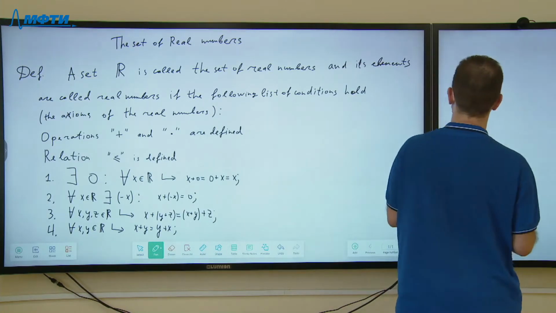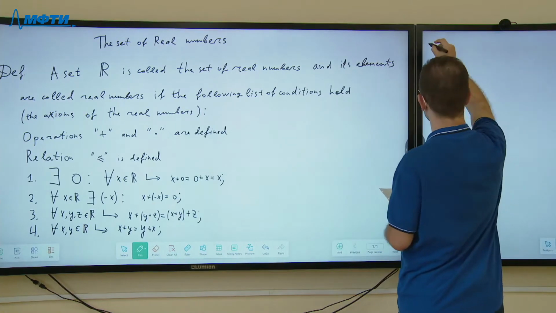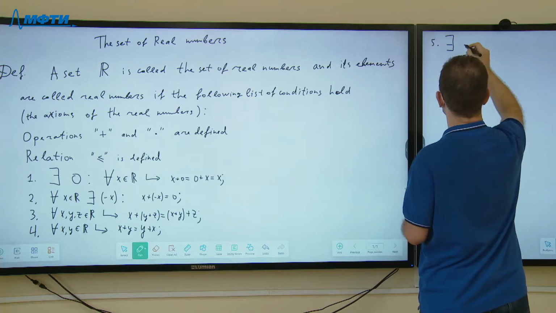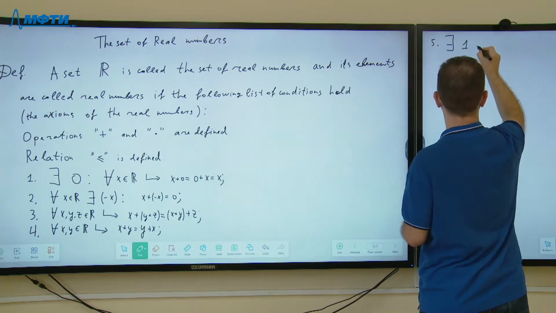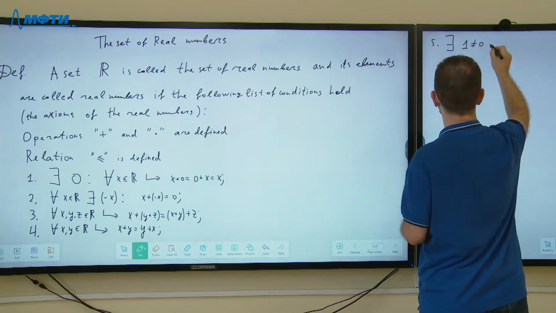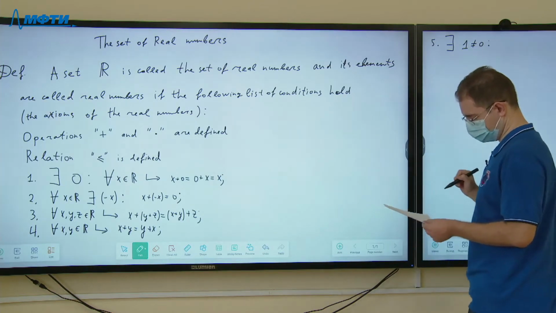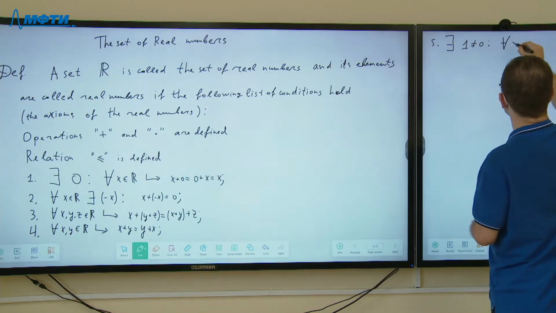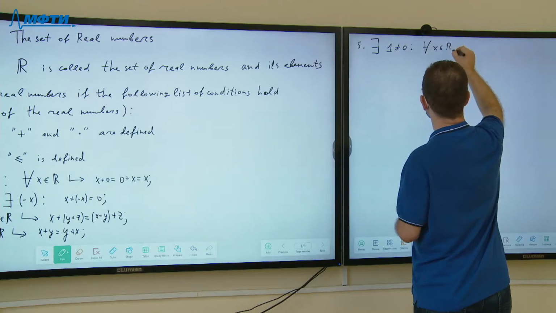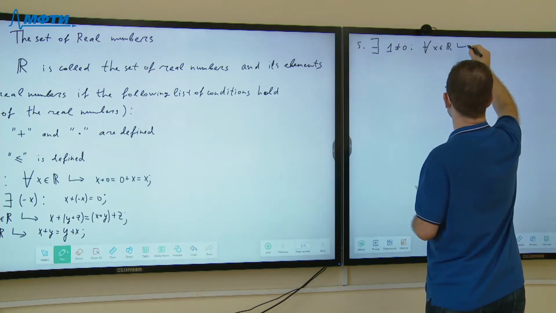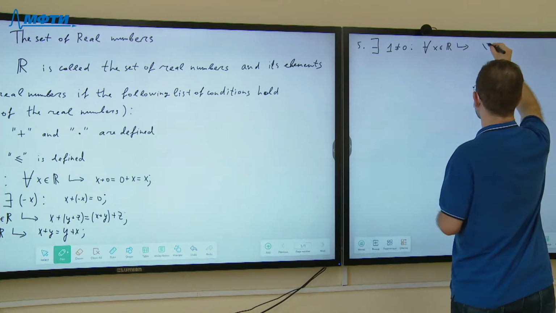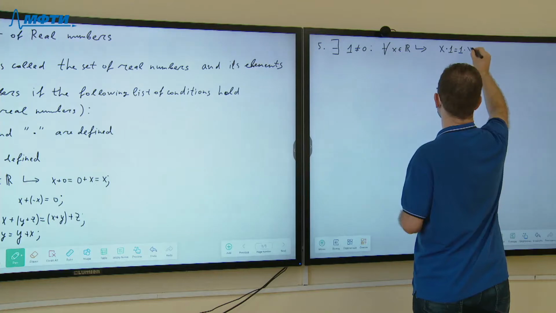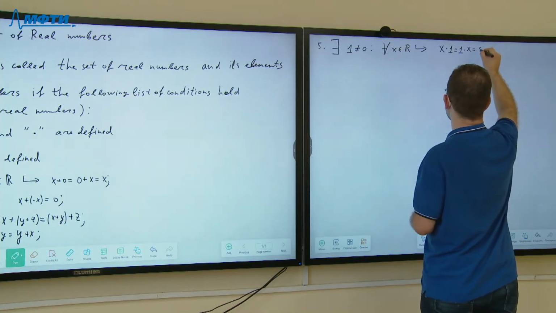Now we have a similar set of properties of multiplication. Number 5. There exists an element that I will call 1, which is not the same as 0, such that for any x, x times 1 equals 1 times x equals x.